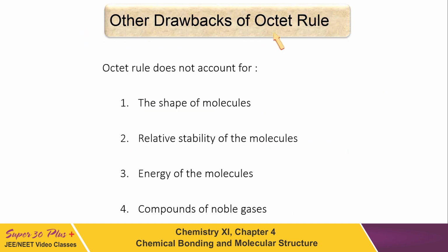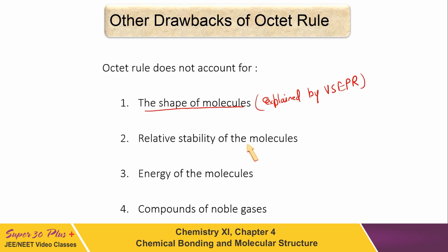What are the drawbacks of the octet rule? The octet rule does not account for the shape of the molecule. Shape of the molecule, I taught you this in previous lectures, is explained by VSEPR, valence shell electron pair repulsion theory.